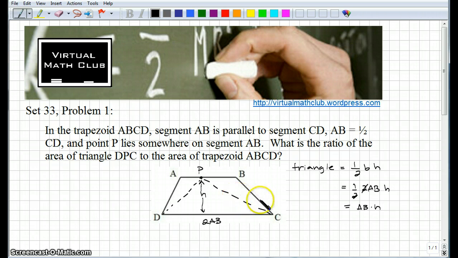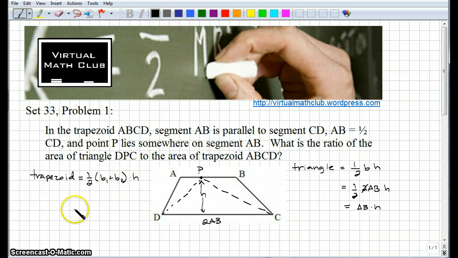Alright, now let's figure out the area of the trapezoid in terms of AB and h. And if we can do that, then we ought to be home free. So what's the area of a trapezoid? The area of a trapezoid is 1/2 of the sum of the bases, B1 plus B2, times the height.